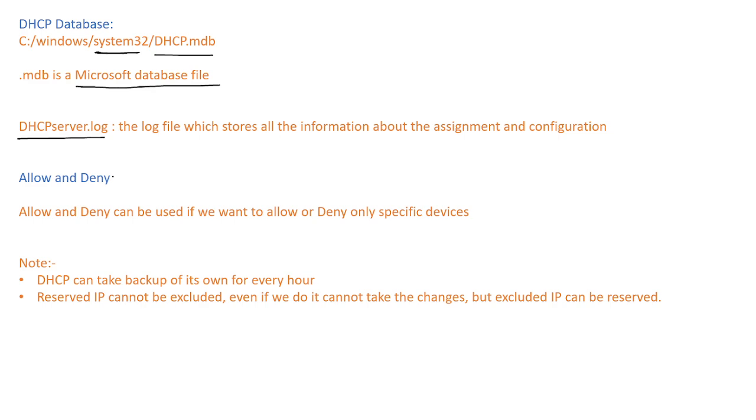Then you can define that only these 20-30 employees can connect to the Wi-Fi. You will create an allow rule mentioning their MAC addresses. If the MAC address is in the allow list, only then it will get the IP address and have the connection. If the MAC address is not in the allowed list, or is in the deny list, then you will not get the IP address.